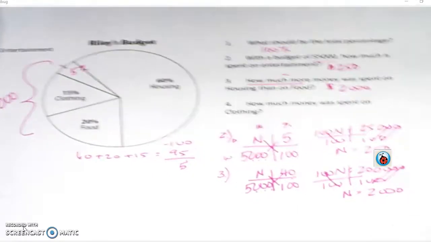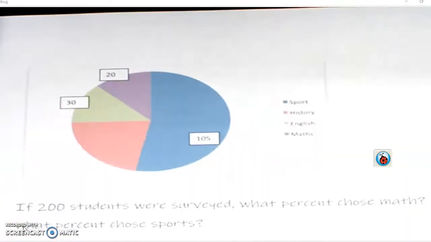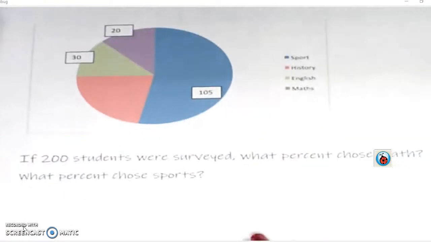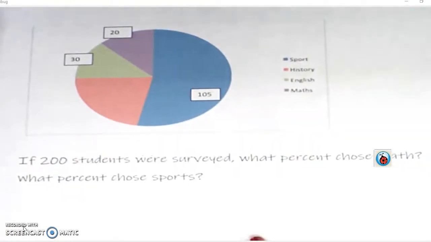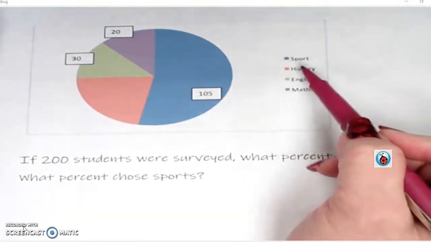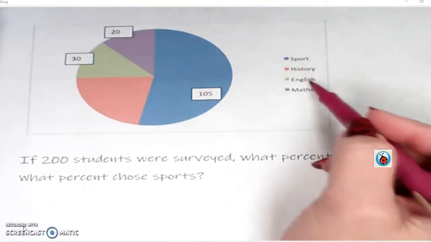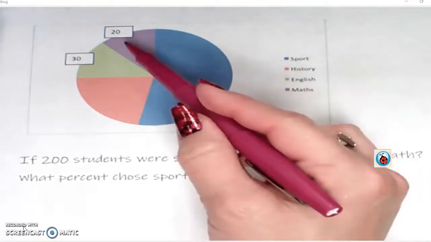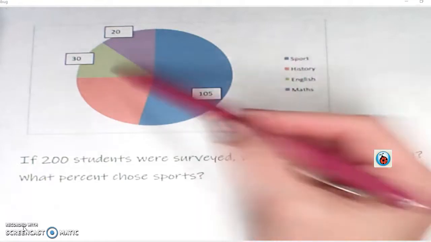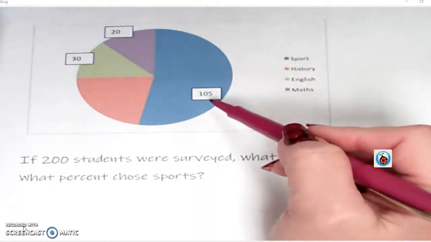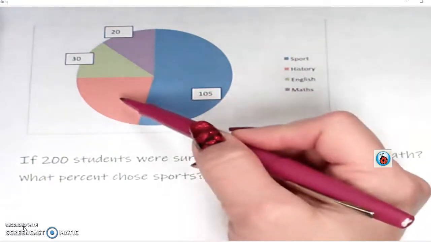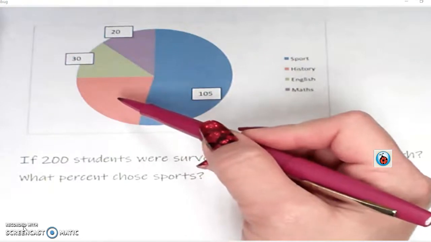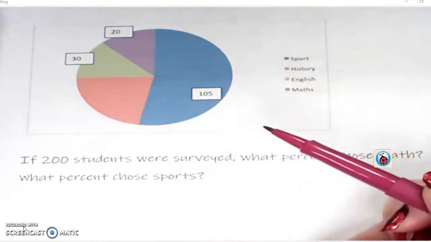Another way to solve circle graphs is when you are given the numbers and you need to find the percentages. So in this one, things chosen are sports, history, English, and math. We have 20 for math, 30 for English, 105 for sports. So how could I figure out how many were for history?